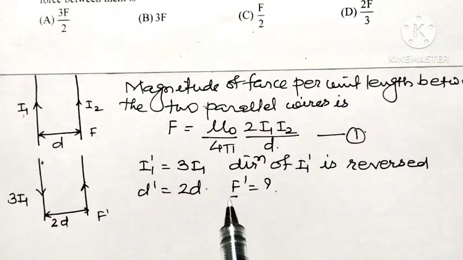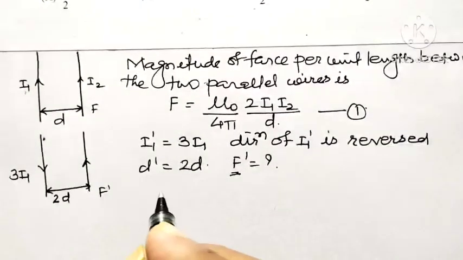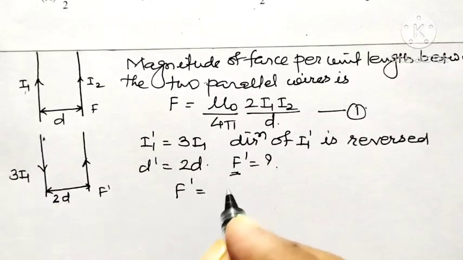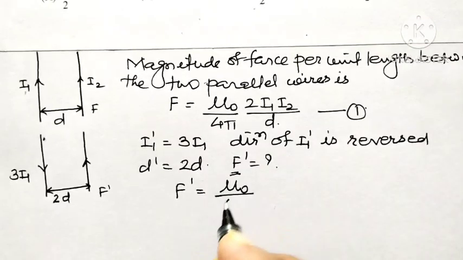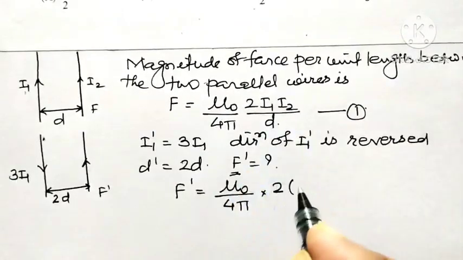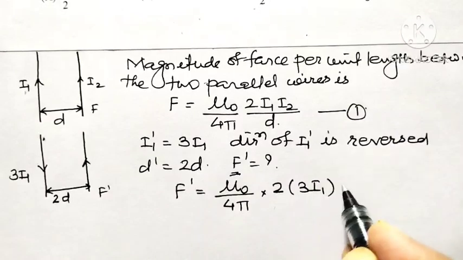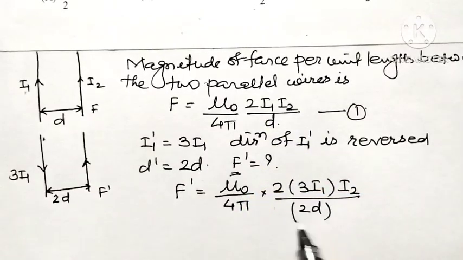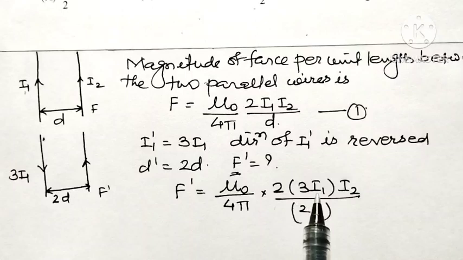Then the magnitude of the new force between them is F dash equal to mu 0 upon 4 pi into 2, now in place of current I1 I will write 3 I1 into I2, and in place of distance d I will write 2d, because one of the currents is made 3 times greater and the distance of separation is made double.